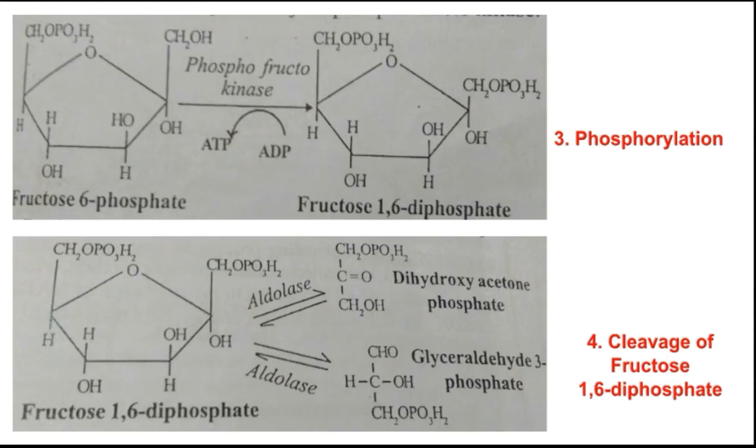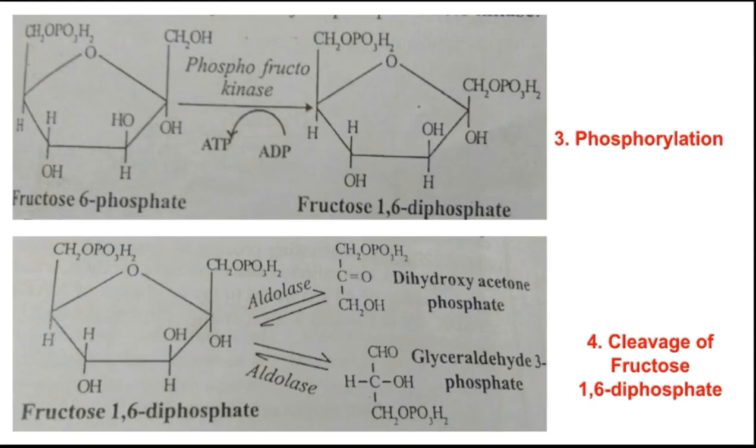You have seen here phosphofructokinase converts fructose 6-phosphate into fructose 1,6 diphosphate, and one ATP is utilized. The first three steps of glycolysis form the first stage, where two molecules of ATP are hydrolyzed to provide the necessary energy.